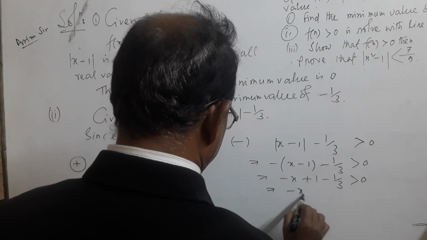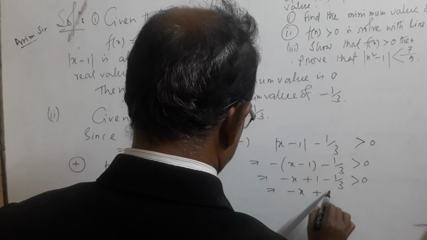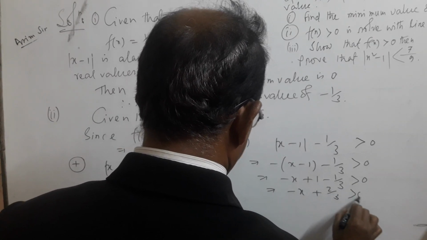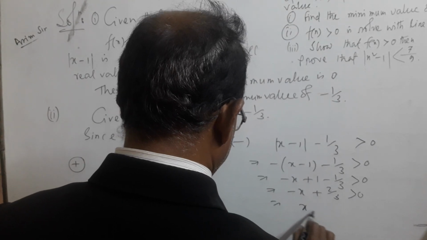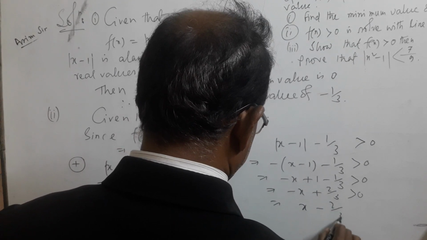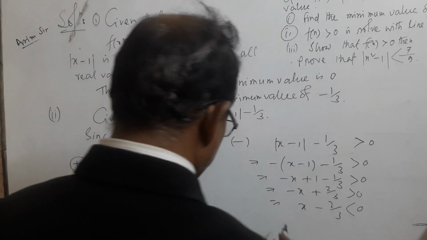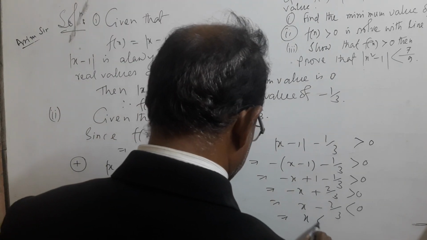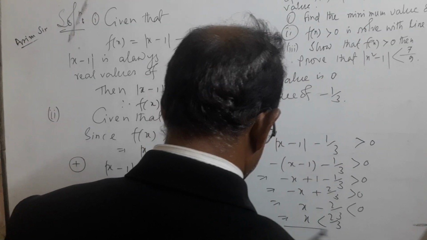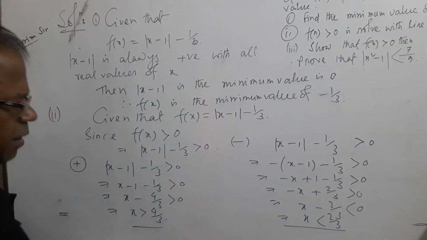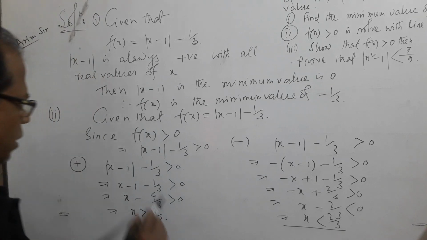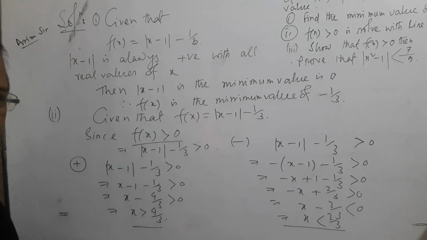That's why minus x plus 2/3 is greater than 0. So that implies x minus 2/3 is less than 0. That's why x is less than 2/3, and these are the solutions of this f of x greater than 0.